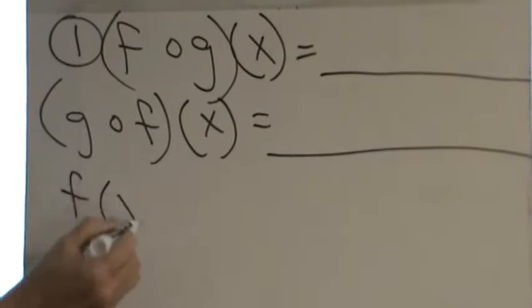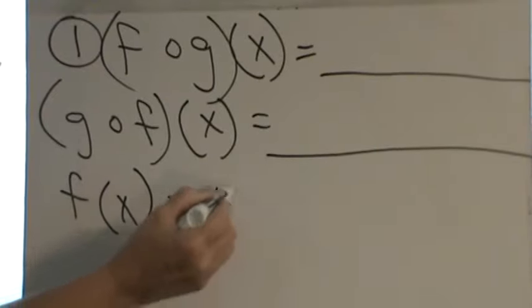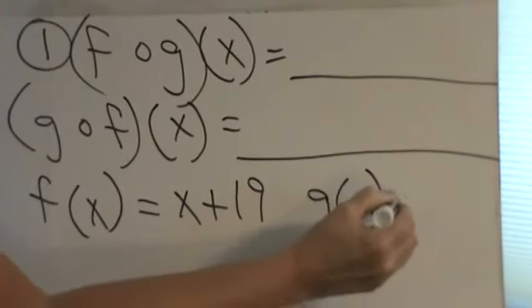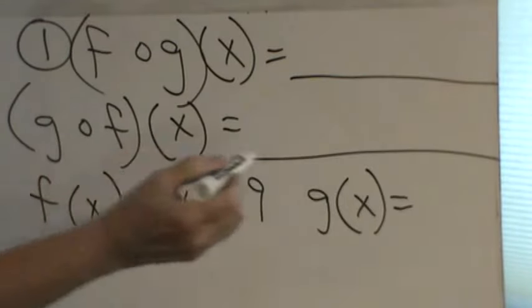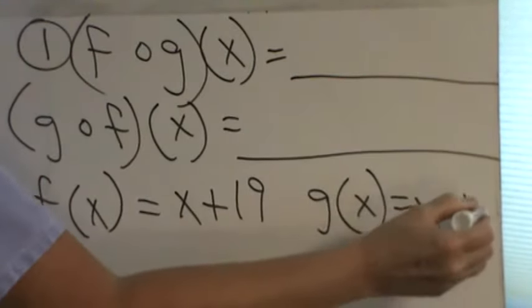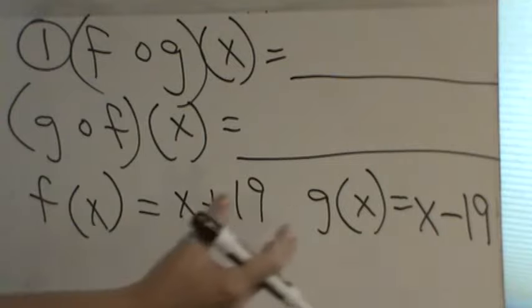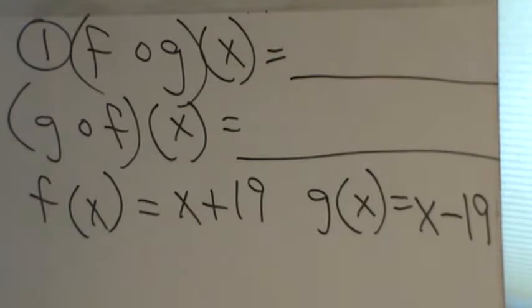F of x is x plus 19. G of x is x minus 19. Okay. So remember, composition is just a way to put these together to create a new math problem, a new function.